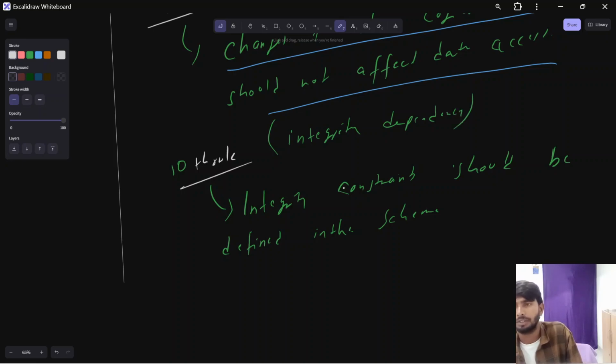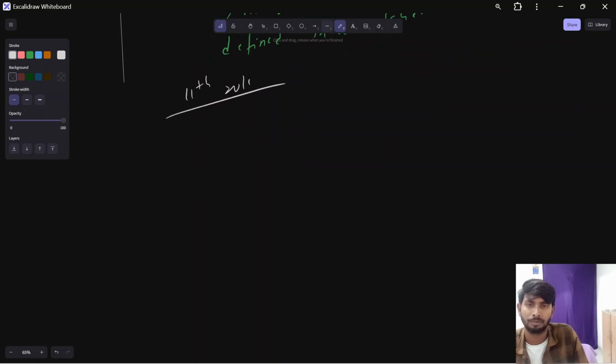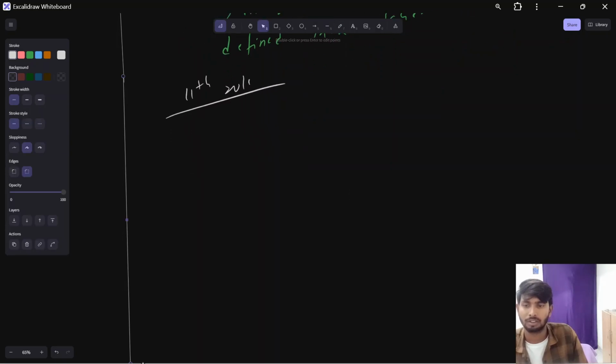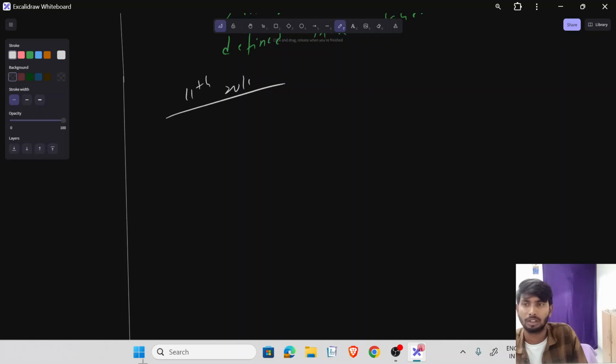Now we have the 11th rule, which is distribution of data. What is distribution of data?